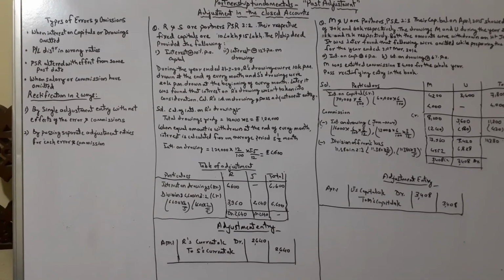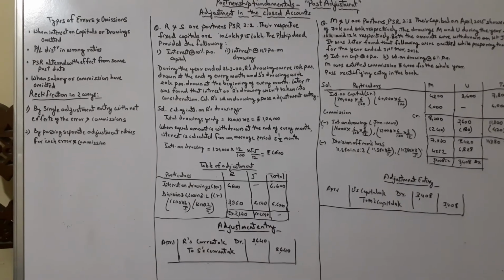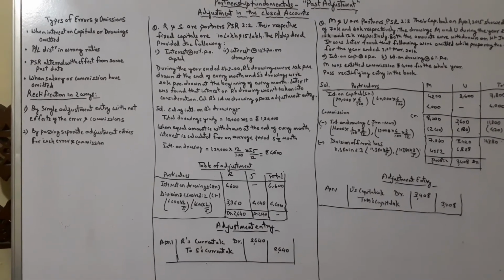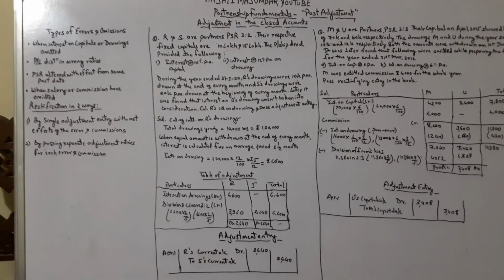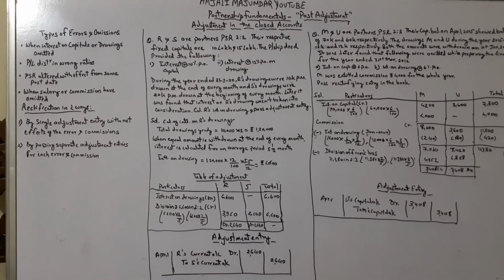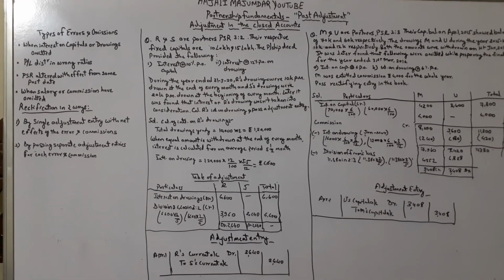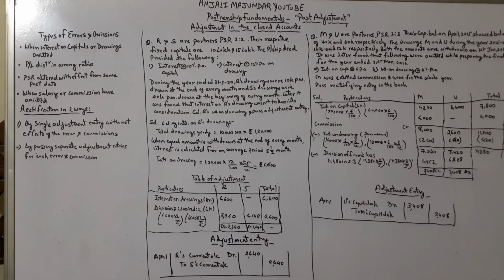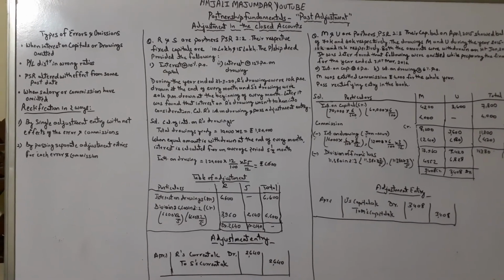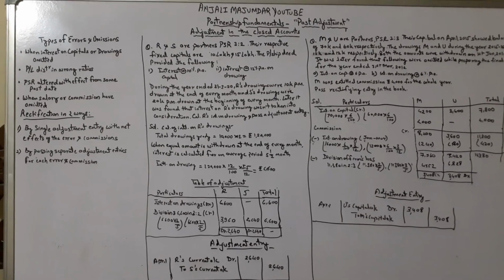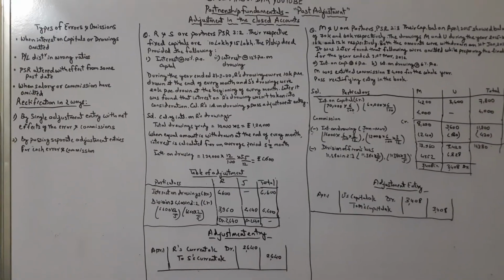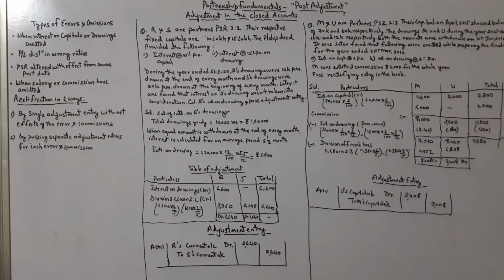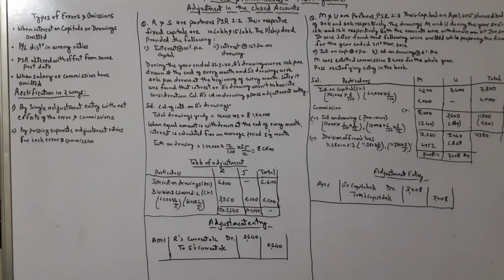After that, we deduct credit from debit. Whosoever has the heavy balance, like for R you see the debit has the heavy balance of 6,600 against the credit of 3,960, and likewise under S you see the credit has the greater balance, which is 2,640. So this way you get the answer: R's current account is debited and S's current account is credited.